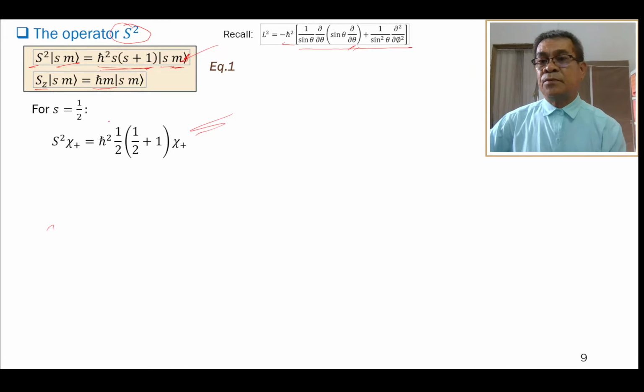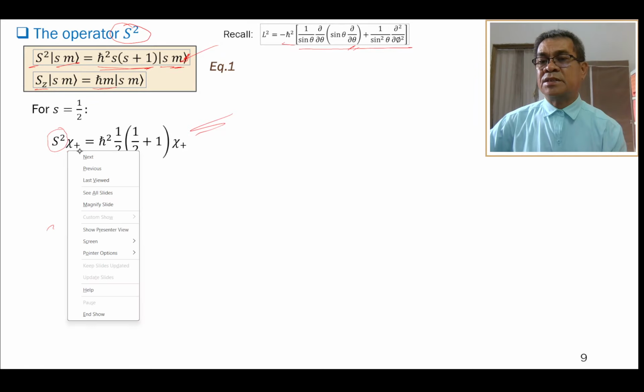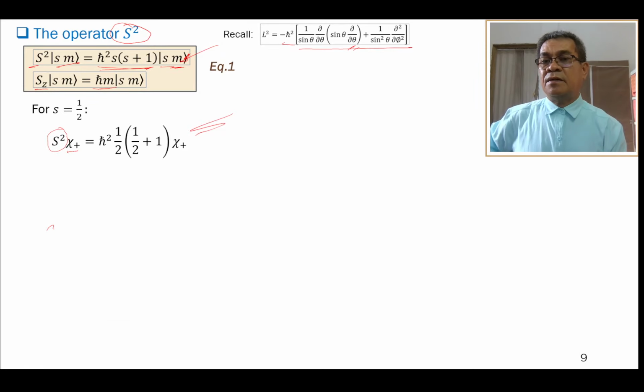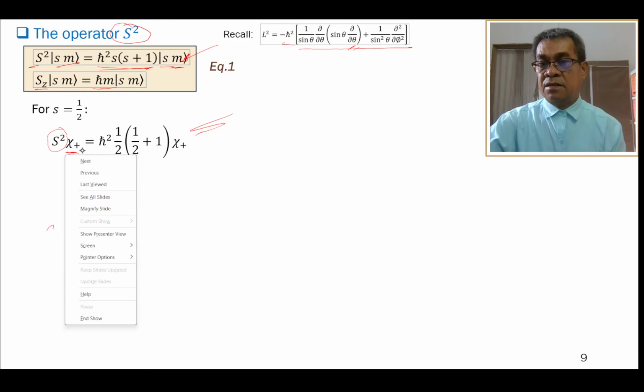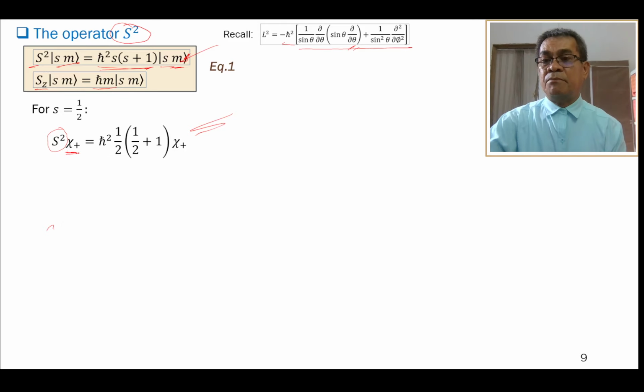Okay, so if we let this S squared operator act on the raising operator, this is raising, remember, this is the spin up state. It is always equal to h bar squared s times s plus one. Here we have s is one half, so we have this one half, then s is one half plus one.